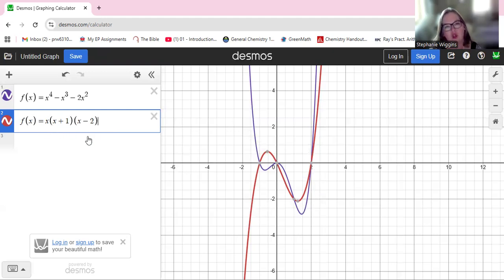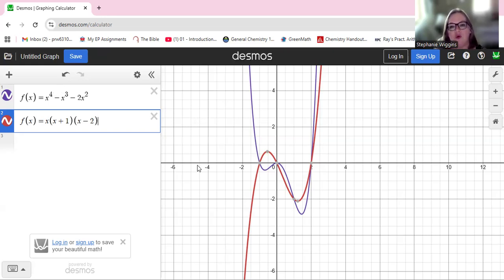But the function that I'm looking for is this function up here. And you can see the degree is 4. So that means you can have up to 3 turning points, but you could have up to 4 intercepts. And we only have 3, so that means there's room for an extra multiplicity.